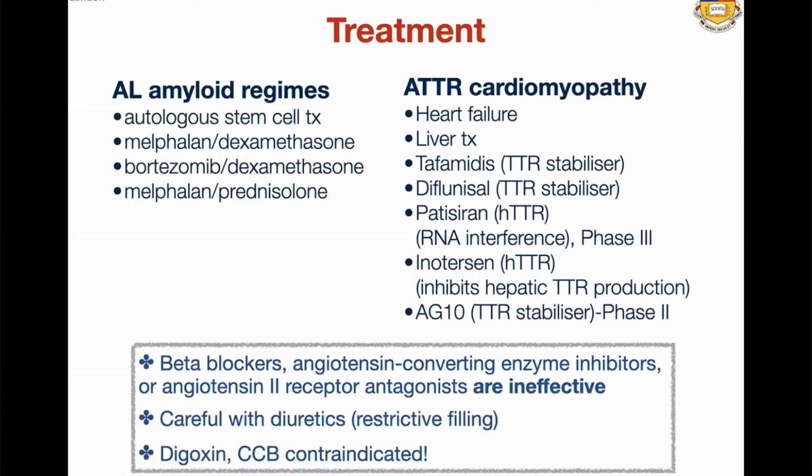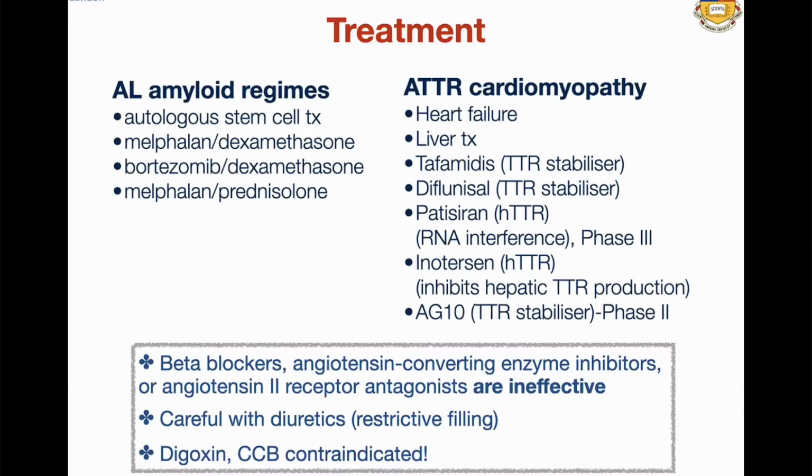What is certain in the different treatment methods is that beta blockers, angiotensin converting enzyme inhibitors, or angiotensin II receptor antagonists are not effective in patients with amyloid heart disease.